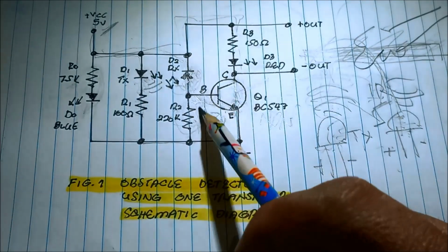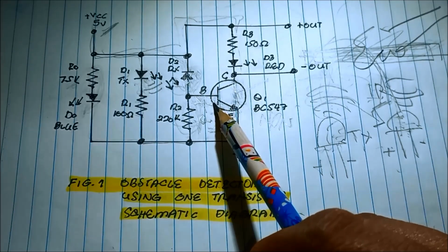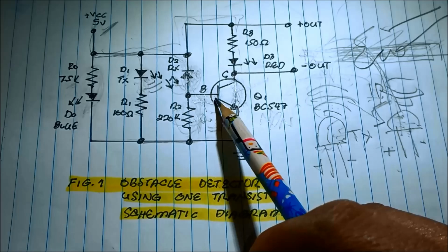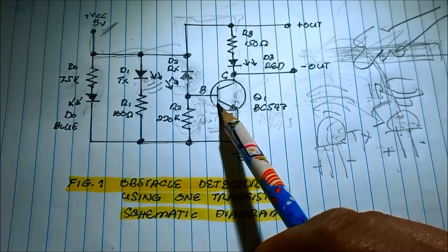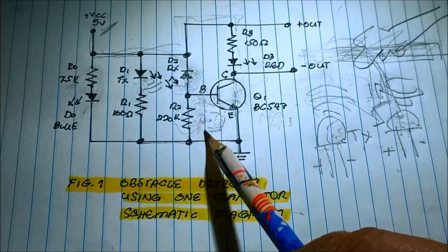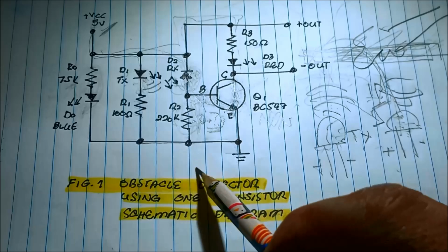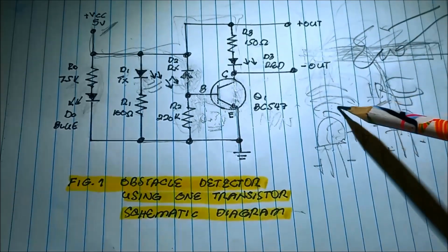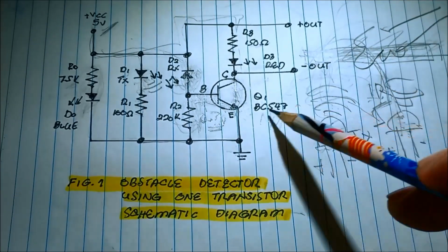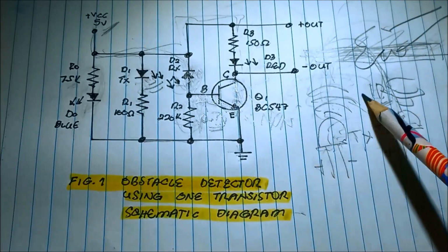But since the transistor is biased through a voltage divider, by developing a voltage across base to emitter, that is how the obstacle detector works, using only one transistor.